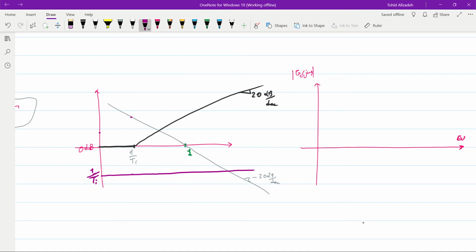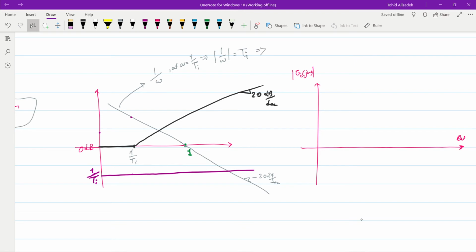Of course, the exact value for this will depend on Ti. But on the other hand, for the 1 over omega, at omega equal to 1 over Ti, we will have amplitude of 1 over omega being equal to Ti.